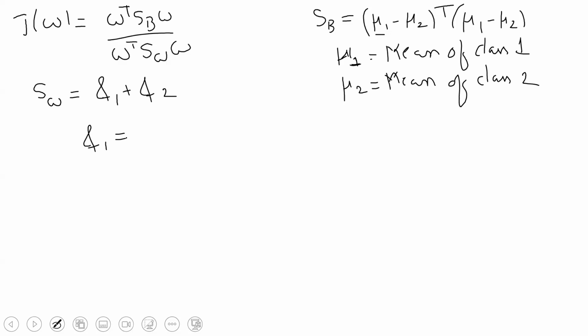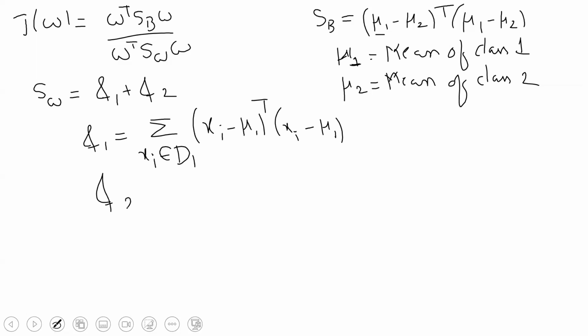When I'm talking about the formula, for every xi that belongs to class 1, or D1, the data that we have, this is xi minus mu1 whole transpose into xi minus mu1, right? That is what S1 is.